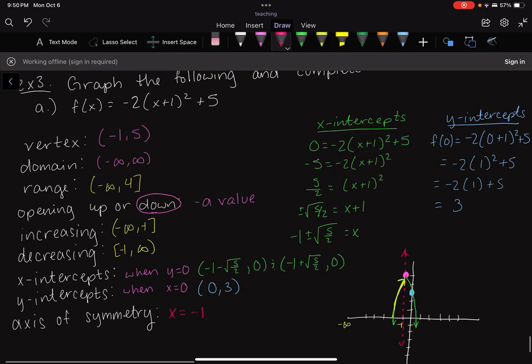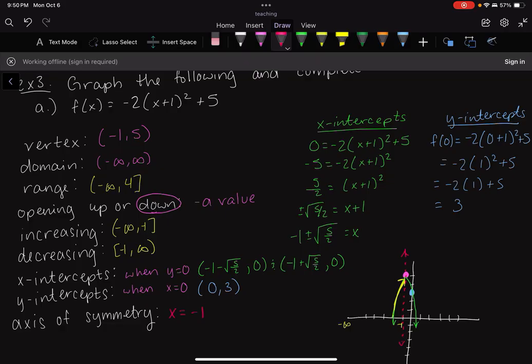Now, because we've already kind of worked with the vertex form a little bit in a previous section, I'm debating on whether I want to work with it more or not. Sorry, I'm just thinking.